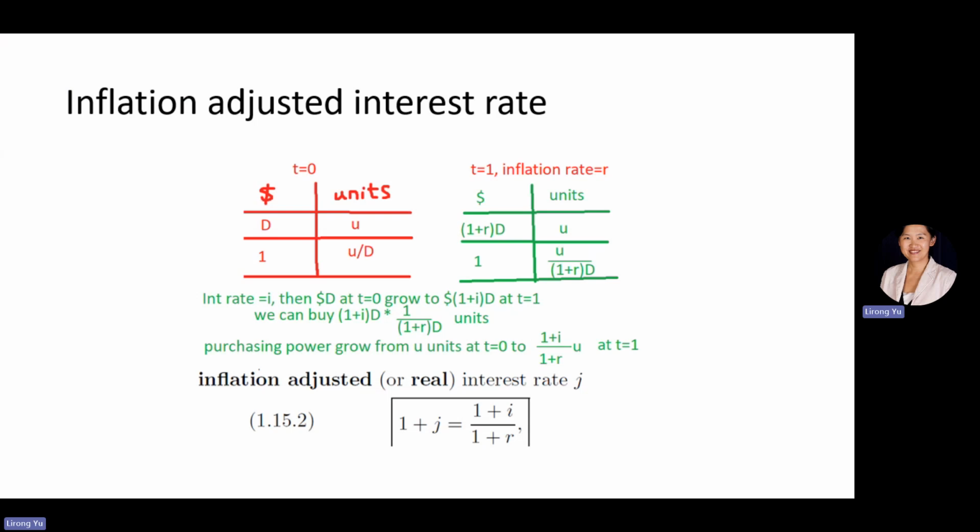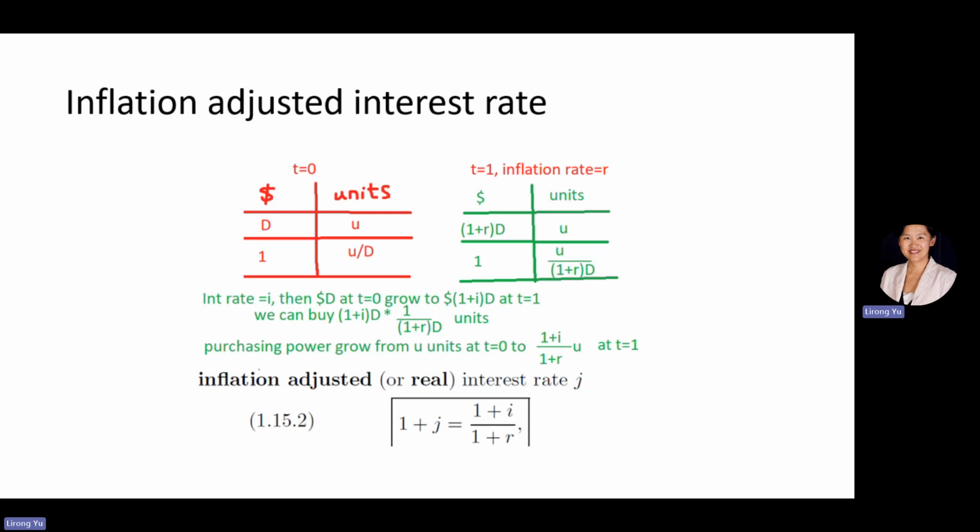Basically, the original increase factor is 1 plus I. Now we have 1 plus I divided by 1 plus R. So the 1 plus I increase in value per year is being discounted by the 1 plus R. They have a division relation to the whole growth factor.